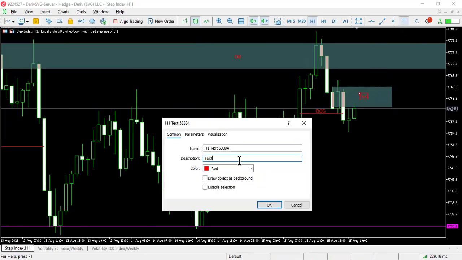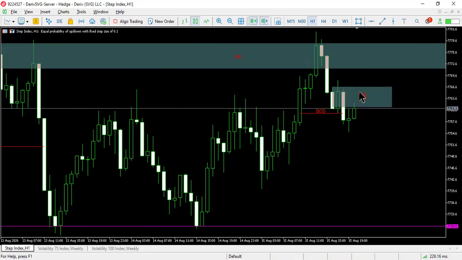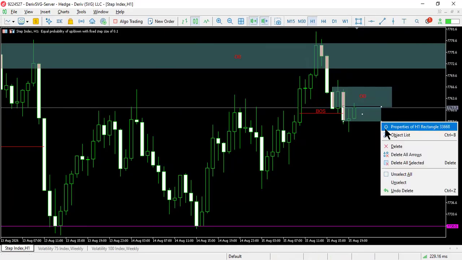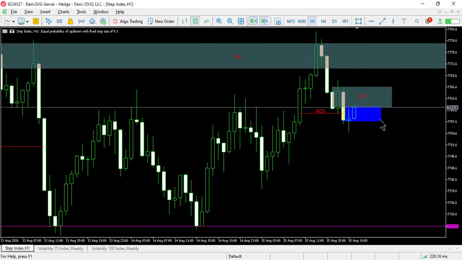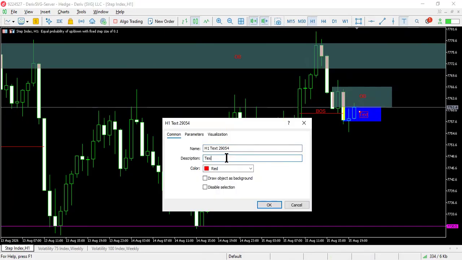It is that order block right there, and then our FVG, our fair value gap.